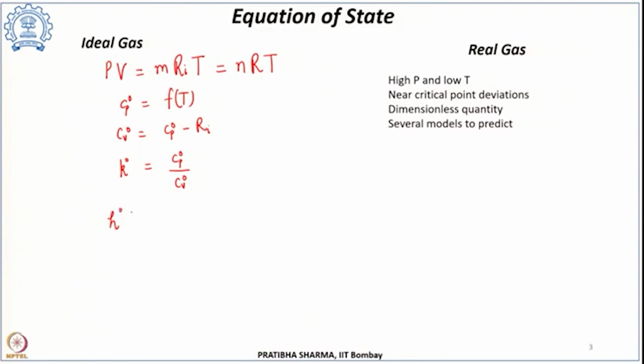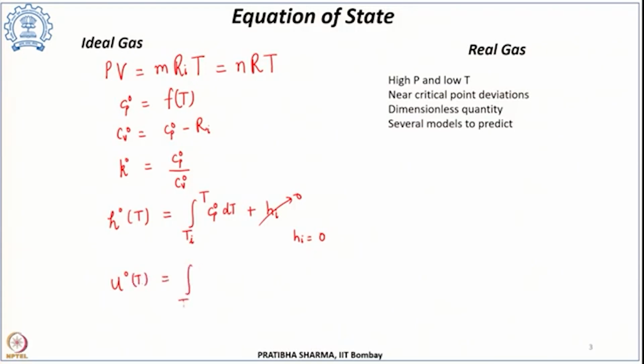The enthalpy we can find out by integrating from some reference temperature, let us say T_i, to a final temperature T, the isobaric specific heat with temperature, and then we can have some initial enthalpy, and considering that initial enthalpy to be 0, this term can become 0. For an ideal gas, we can also find out the internal energy.